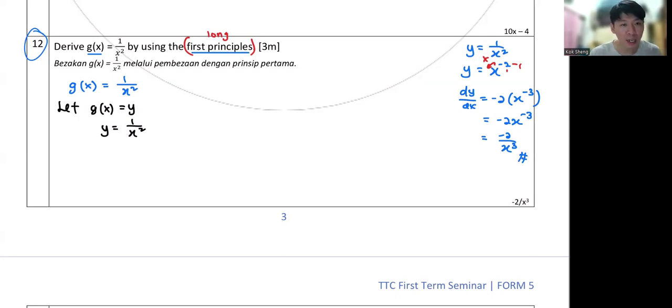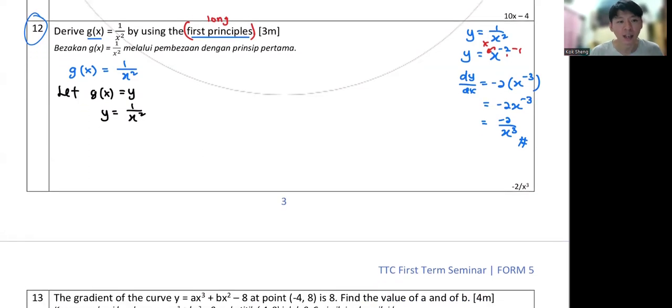But now the longer way here will be, yes, the first step. The both x and y, you have to replace with these two. That's your first step here.